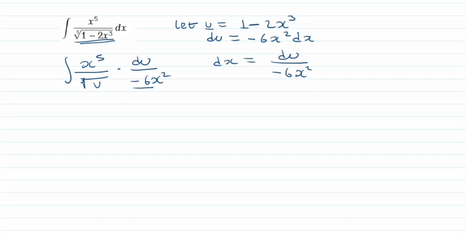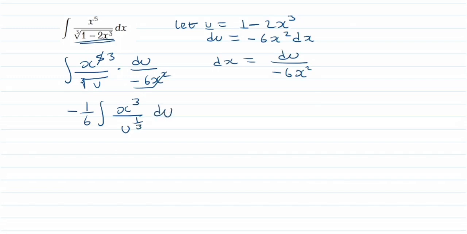Taking negative 1 over 6 outside the integral, we're going to have negative 1 over 6, the integral of x. So this x squared and 2 of the x's here, we're going to remain with x cubed. So it will be x cubed over u to the power 1 over 3 du.